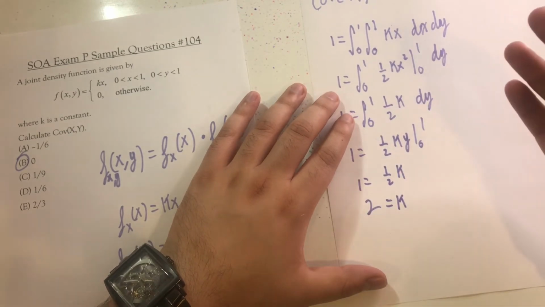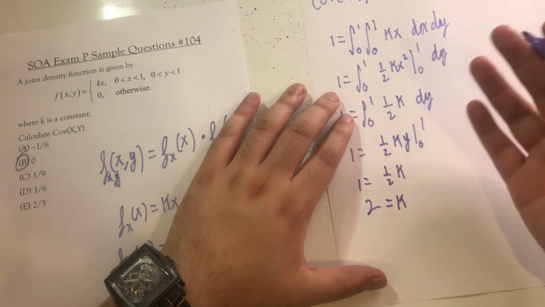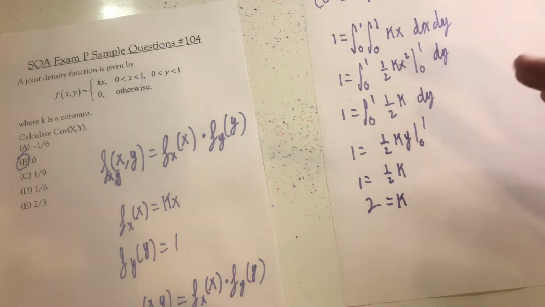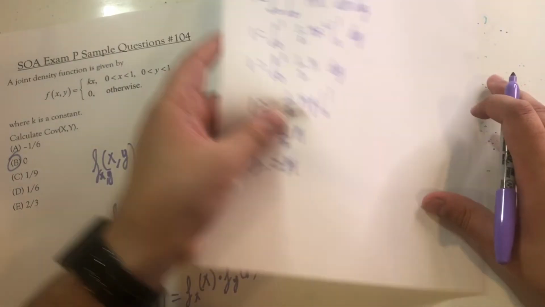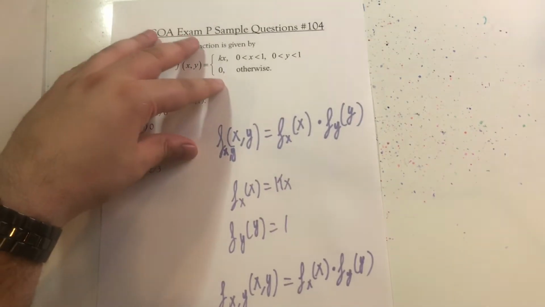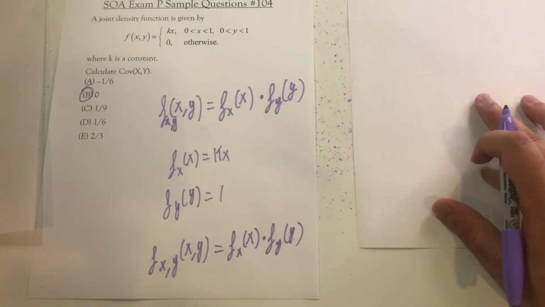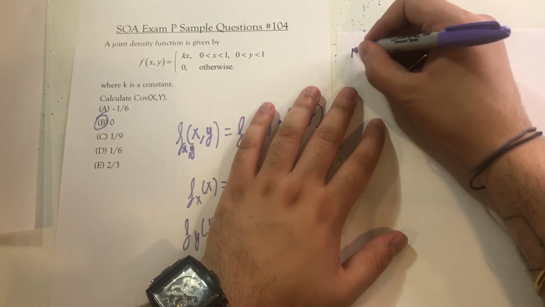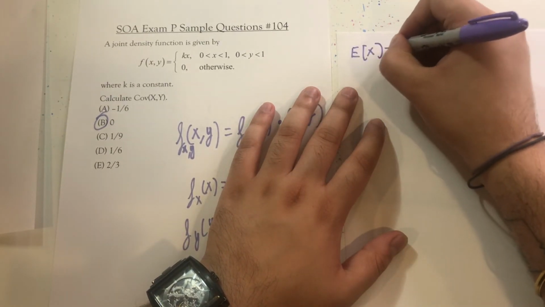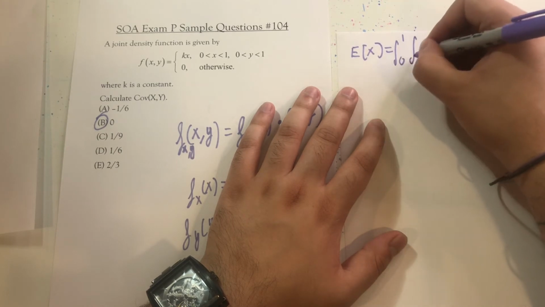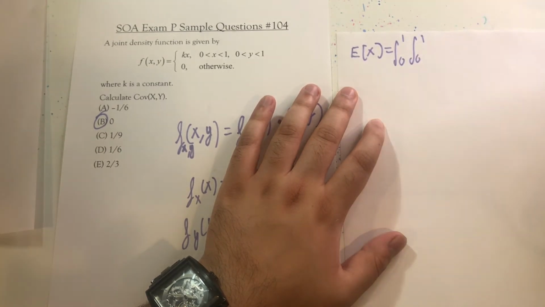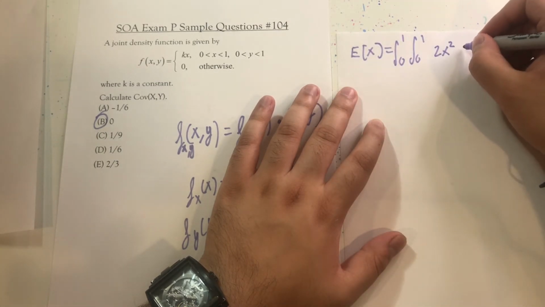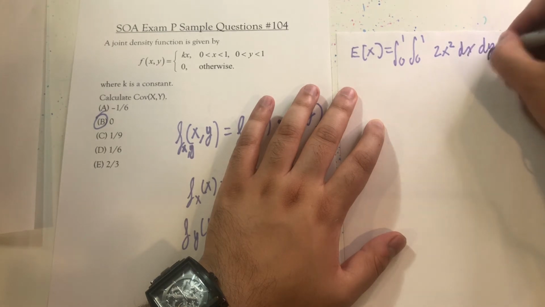All right, so our actual density function is 2x. Great. Now how do we get the expected value of x? Well, the expected value of x, let me grab a new sheet of paper, should simply now be E of x, the integral from 0 to 1, 0 to 1 of 2x multiplied by x, which is 2x squared, dx dy.